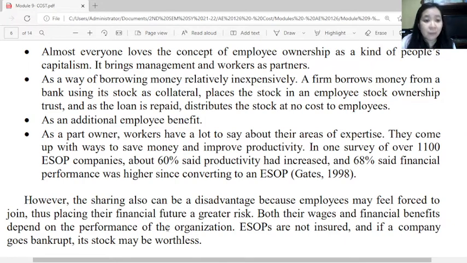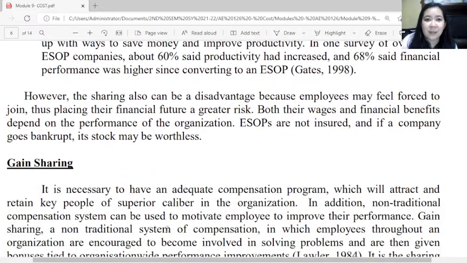In one survey of over 1,100 employee share plan companies, about 60% said productivity had increased, and 68% said that financial performance was higher since converting to this type of wage plan. Motivation and productivity will be greater because the workers are working towards a common goal, as they are already part owners of the company.